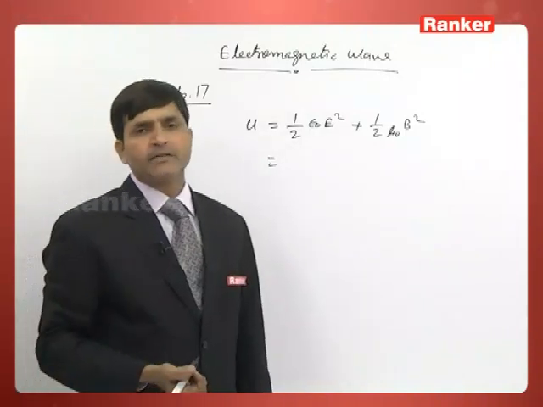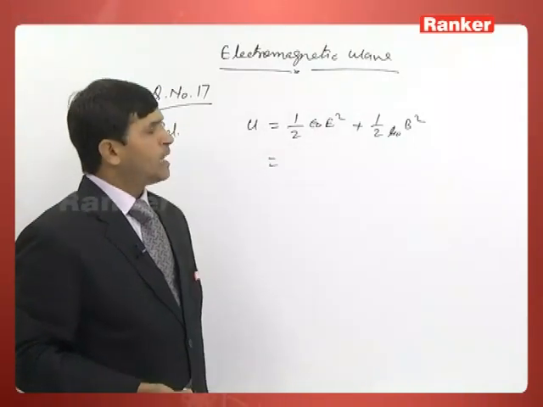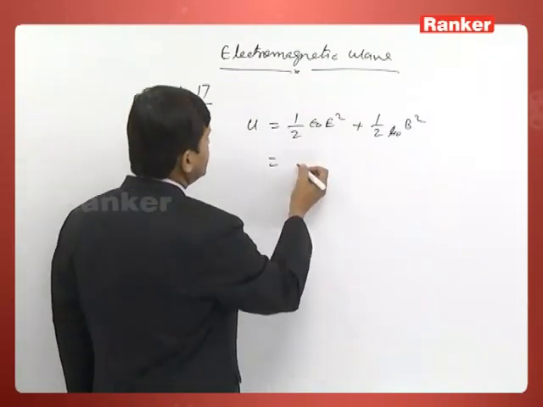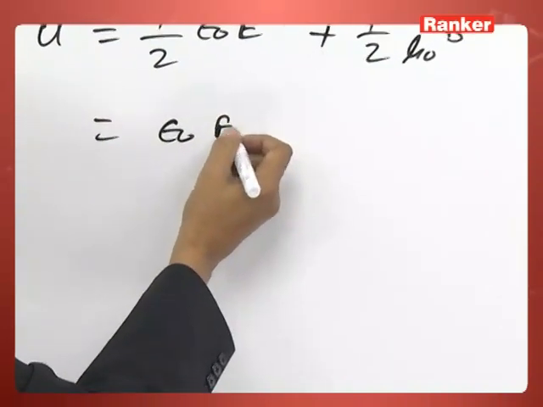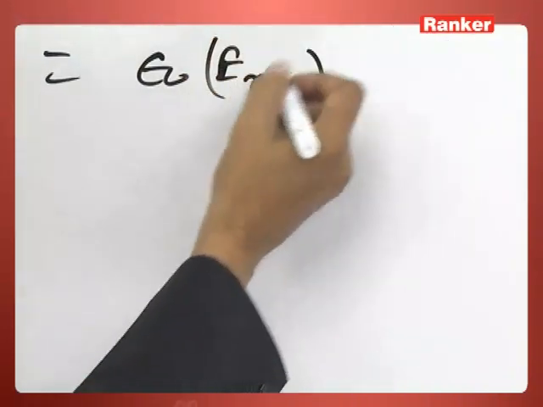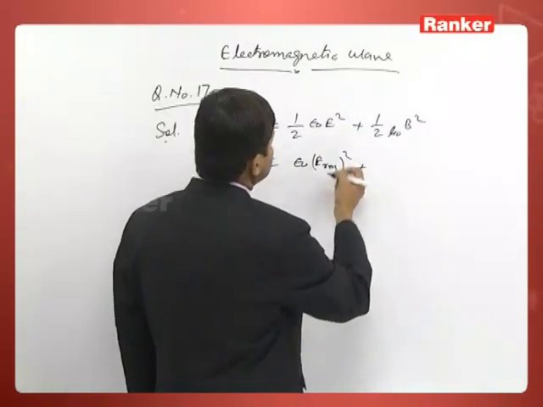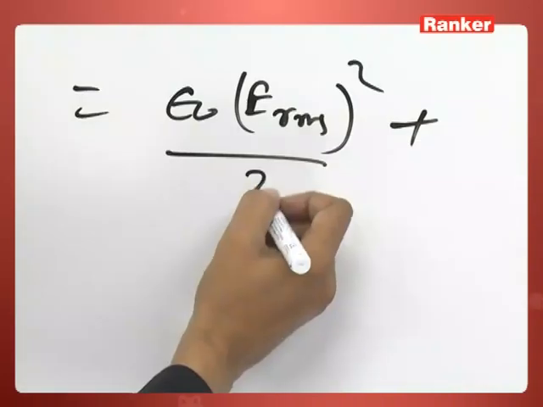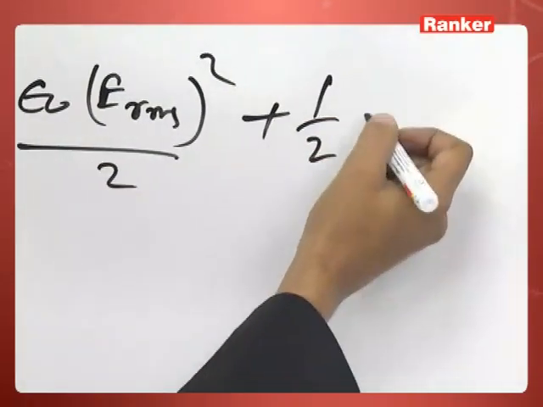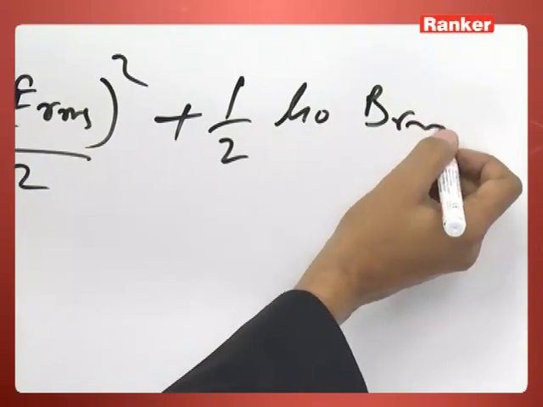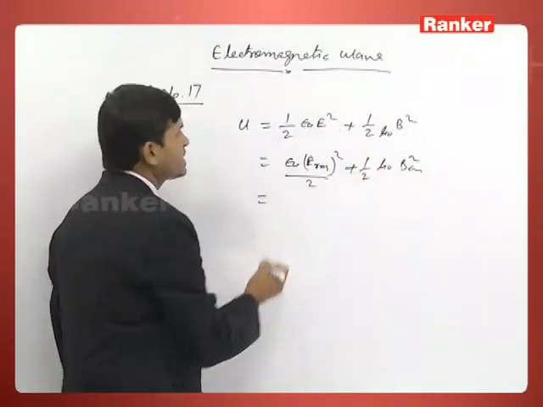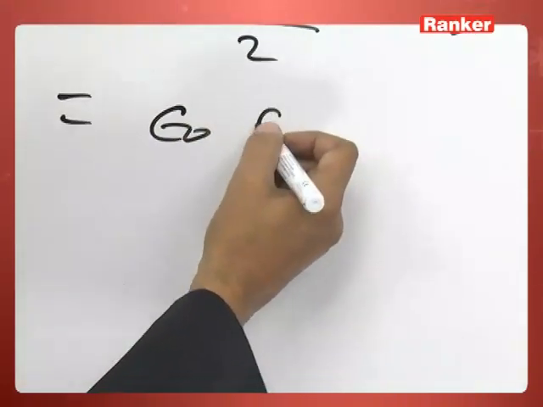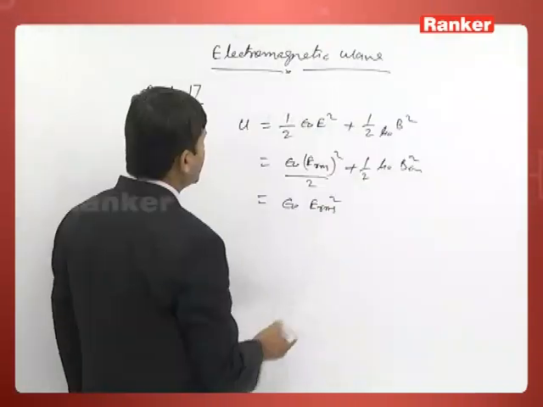And electric and magnetic field vectors are sinusoidal. So in the RMS form, it is 1 by 2 epsilon naught E RMS square plus 1 by 2 mu naught into B RMS square. Since the electric and magnetic contributions can be equated, this is nothing but epsilon naught E RMS square.